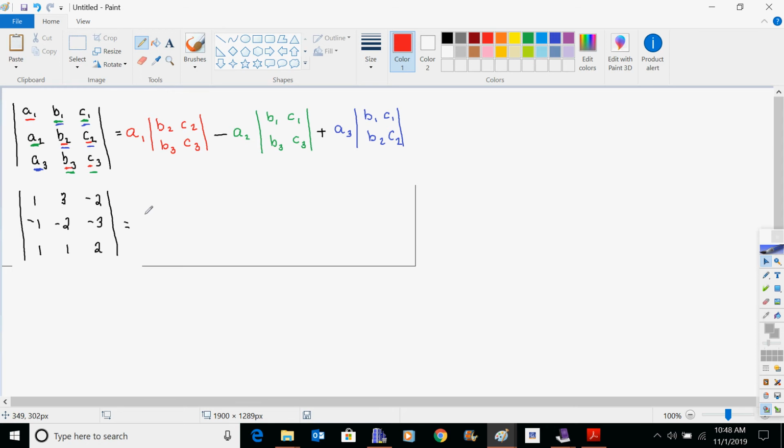We're going to go with A1. What number's in the A1 spot? 1. Well, the numbers here are in those spots, so they're not going to be labeled like this, but we have numbers in the 3 by 3 matrix. This is just the process for finding the determinant of a 3 by 3 matrix.